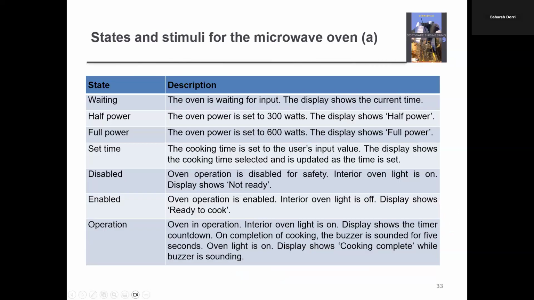Here we have a table that provides a detailed description of each state in the previous example, the microwave oven's state machine diagram, offering a clearer understanding of what the oven is doing at any given moment. So we have the states, for example, waiting, and the description, for example, the oven is idle, awaiting user input, and the display shows the current time.